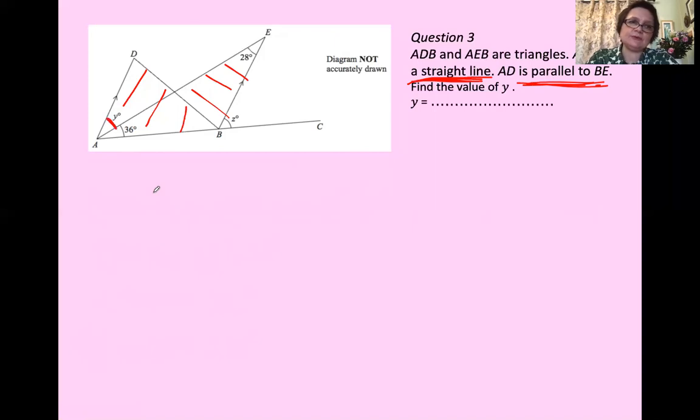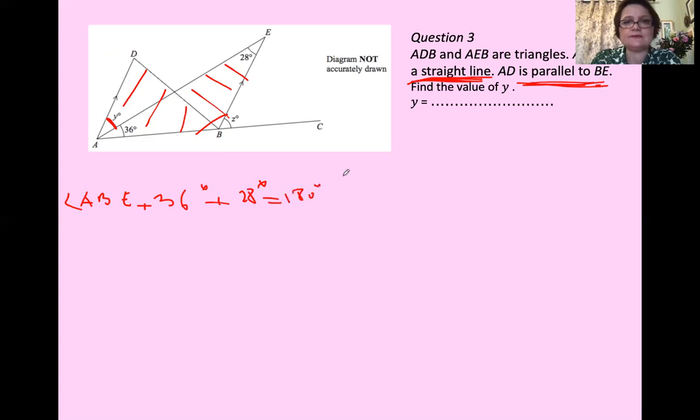Okay, now let's have a look at what we have. It says ADB and AEB, they are triangles. So this angle here is 28 degrees and this angle here is 36 degrees. It's given in the diagram. Because AEB is a triangle, angle ABE plus 36 plus 28 degrees equals 180.